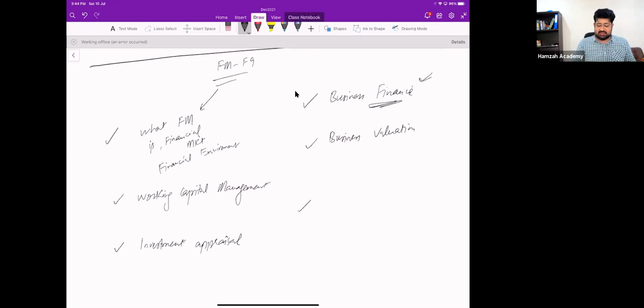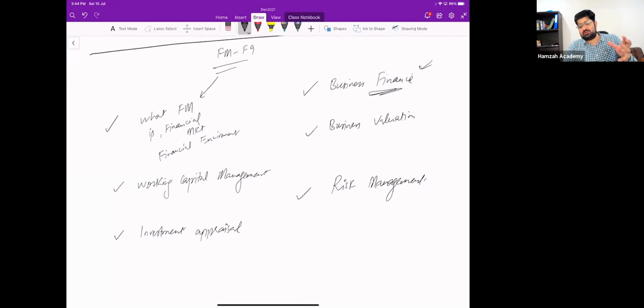And the sixth section is risk management, in which we discuss currency risk and interest rate risk, what they are first of all, and how they are managed. So this is the whole syllabus of F9.